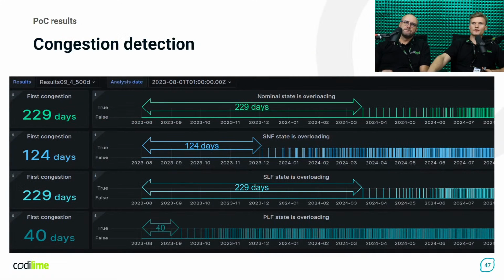And here is the network resiliency evaluation dashboard. So we have here the summary of when we have overloads because of different failure scenarios, and the first overload will happen because of partial link failure in 40 days, possible partial link failure.